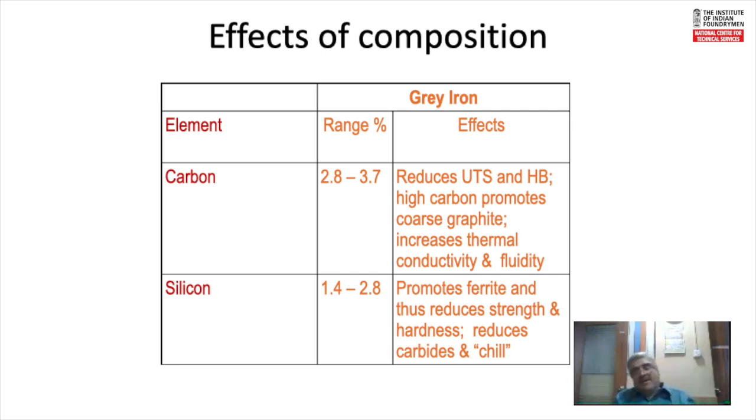There are many ways to explain this phenomenon, there are other phase diagrams which are available, but I have not covered them in this. Let us keep it simple to the basics. So this will reduce the strength and hardness, but it will also reduce carbides and chills. That means formation of cementite along the edges of the casting.